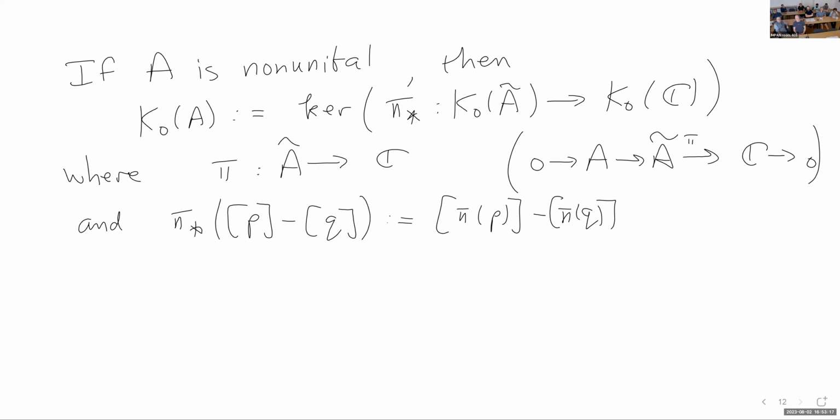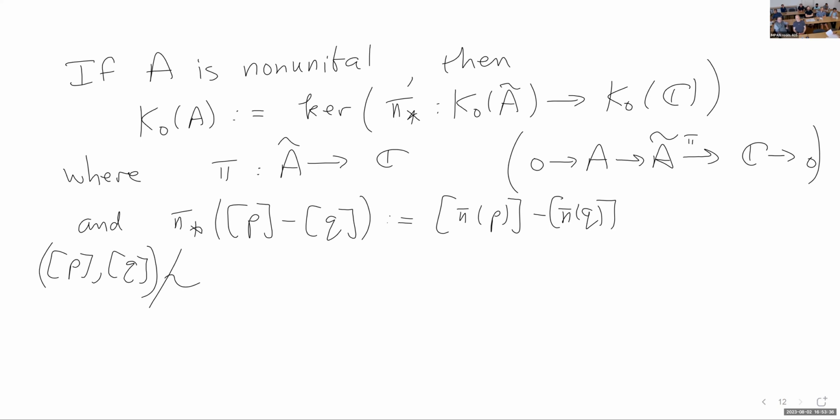Really, what I should be doing is I should not be writing the difference, I should be writing pairs, and then the class modulo. This is just abbreviated notation, but strictly speaking, I should be talking about this.